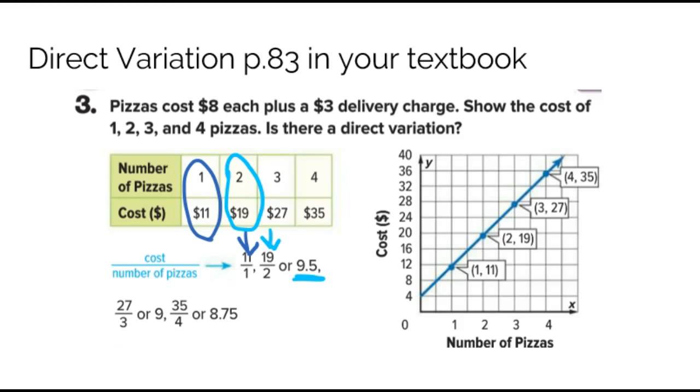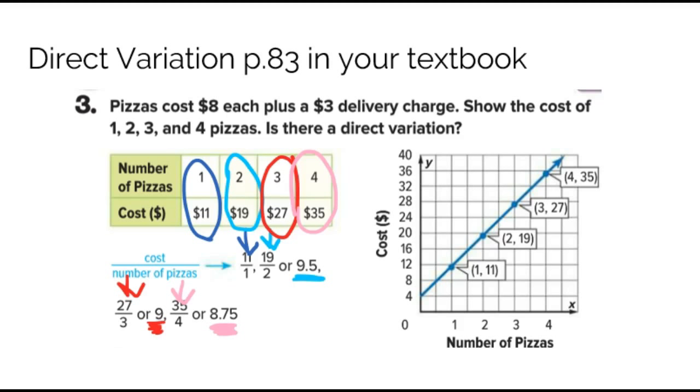So you can already see right here that we do not have a proportional relationship. $27 for 3 pizzas is going to be $9. And then $35 for 4 pizzas is going to be $8.75. So this is not a proportional relationship.